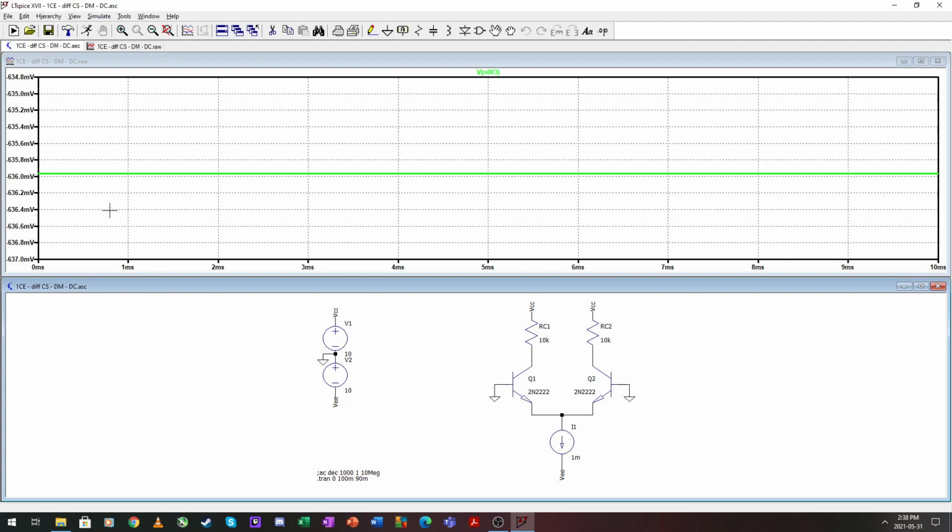But yeah, so typically you will use the estimate of 0.7, but for some transistors it is sometimes more, sometimes less. 0.7 is a good guess to make. Okay, so our emitter voltage here at minus 0.6 volts. That is our circuit DC.